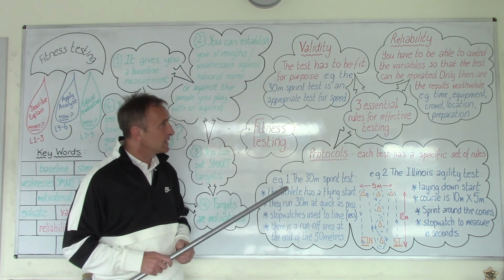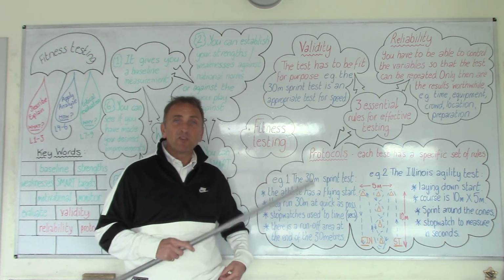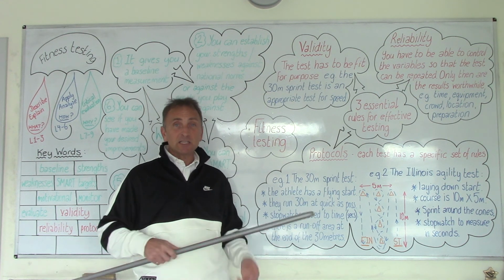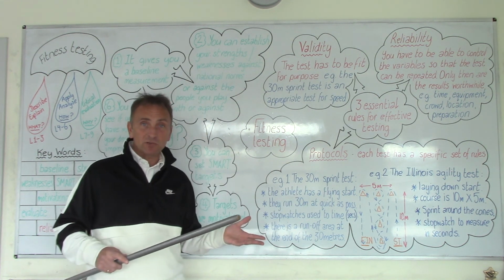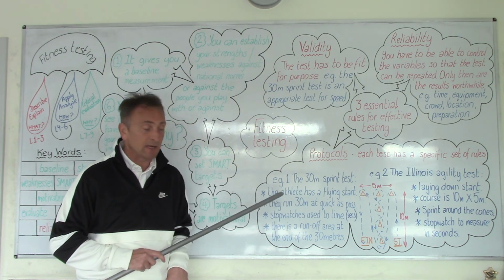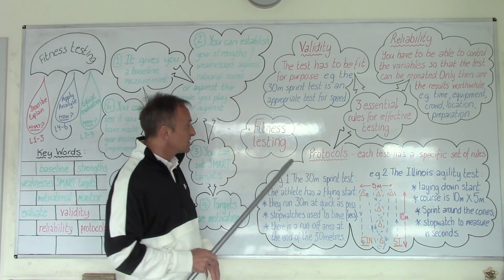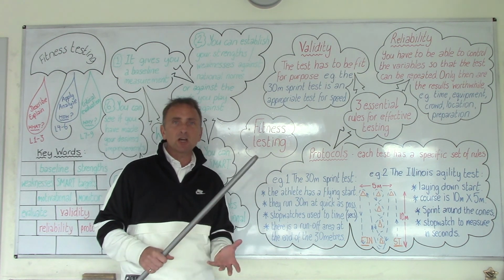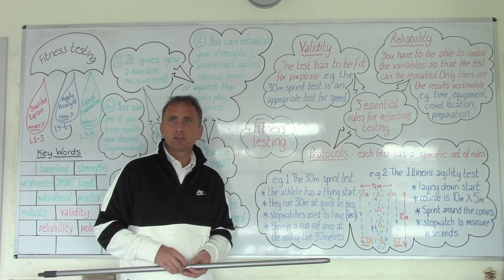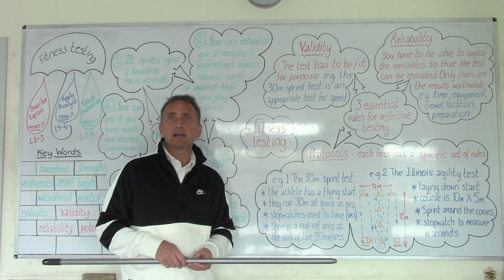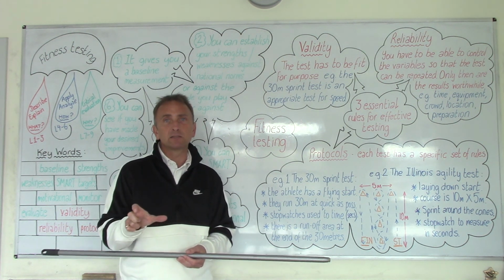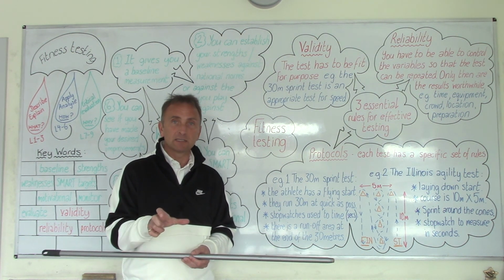The third rule is to follow the protocols of each individual test. Now, each individual test has a set of protocols, a set of rules that you have to follow. So I've given just 2 examples here. The first example is a 30-metre sprint test. If you're asked in an exam what the protocols of a 30-metre sprint test are, you would first of all say that a course is set up, which is 30 metres in distance.